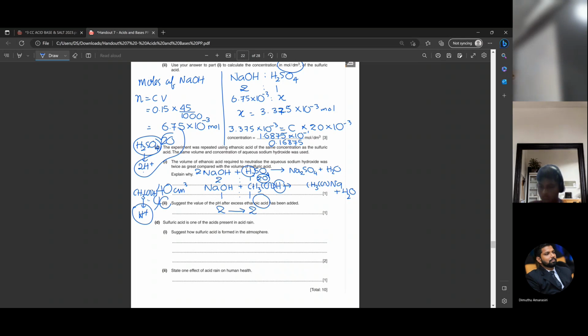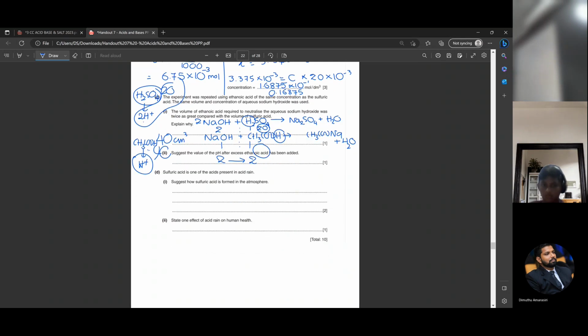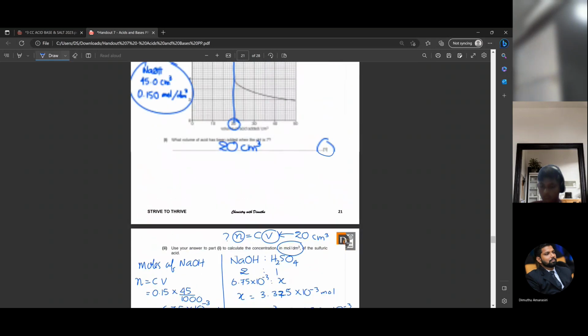Anyway, they have already said twice as great an unknown, right? That's the reason. Suggest the value of pH after addition of ethanoic acid there. So will it drop to here because of sulfuric? It has dropped to 2.